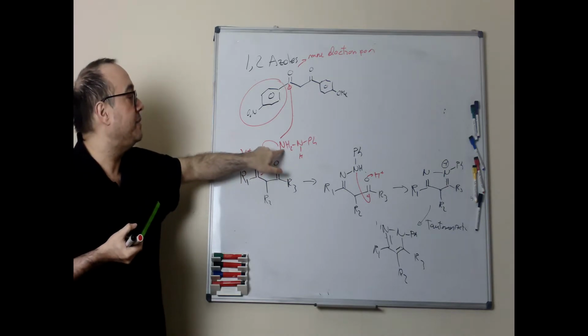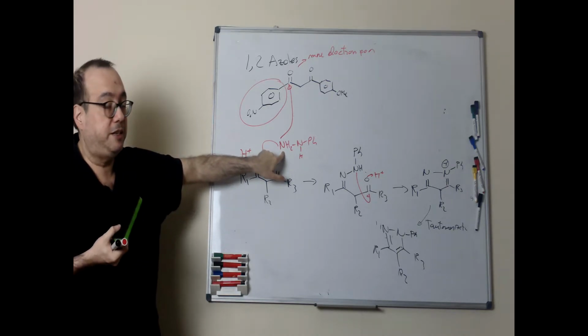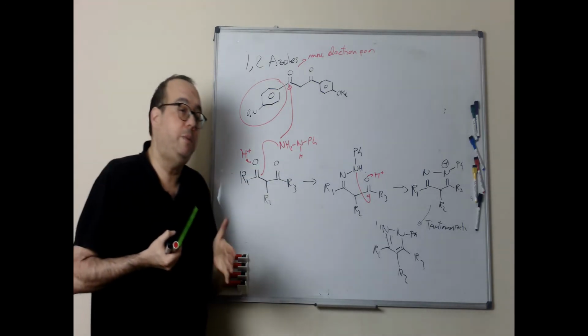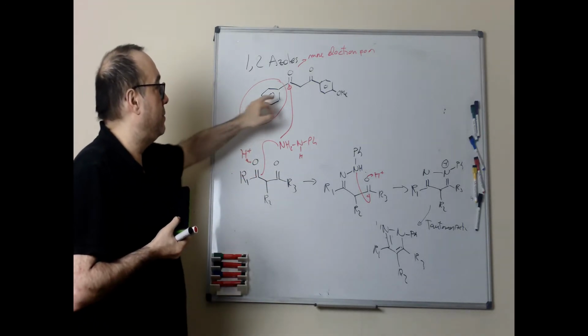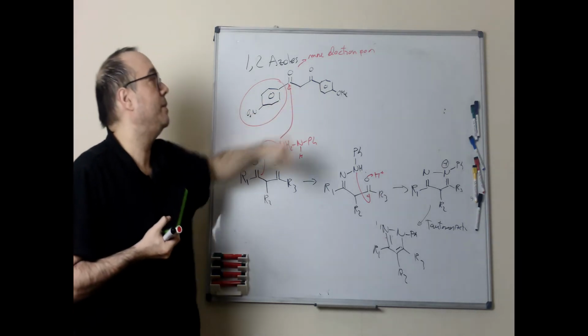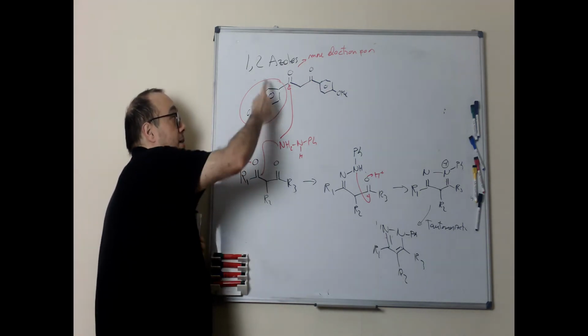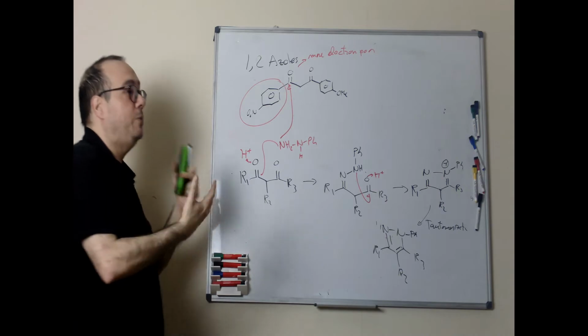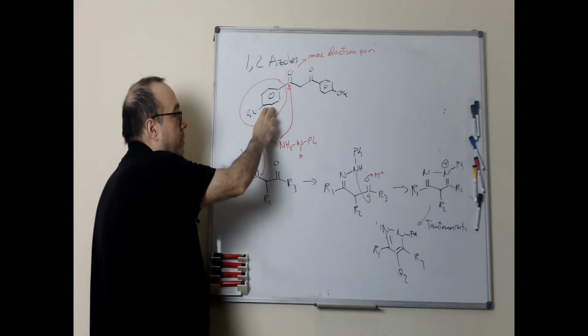But check, if we have a substituted hydrazine, what we need to do is basically, first, we know that the most reactive nitrogen will be the nitrogen that is free, that is NH2. Okay, and then we have to choose which carbonyl will be the more electron poor. This carbonyl or this carbonyl. What we need to do is to check the substituents. For example, if it's an aromatic ring, which aromatic ring will be more electron poor?